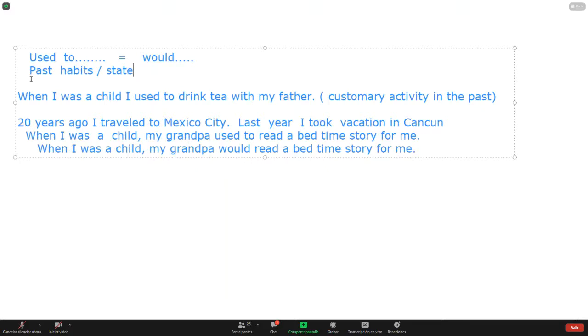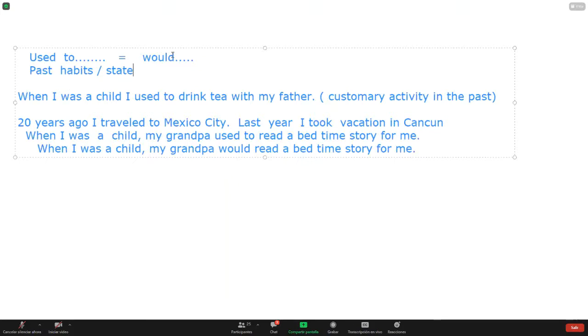Can I say 400 years ago, Francisco de Montejo would live in this house? No, definitely not. In that case, it is strictly necessary that I say 400 years ago, Francisco de Montejo used to spend his summer vacation in this house. So in that case, used to would be strictly necessary, right?